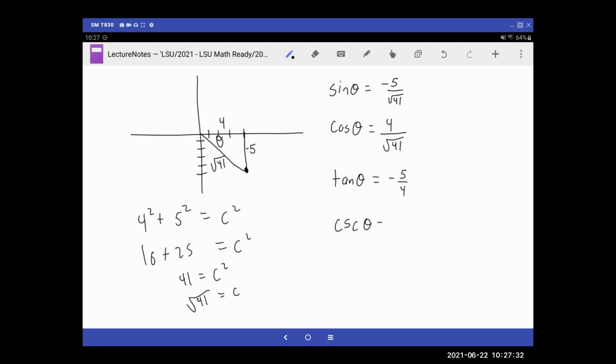Cosecant, sine flipped over. Secant, cosine flipped over. And then cotangent is tangent flipped over.